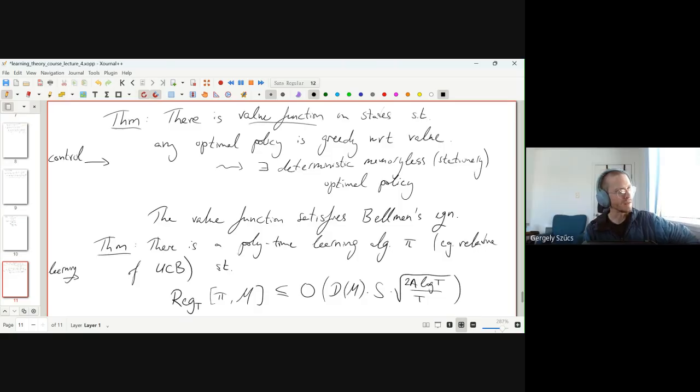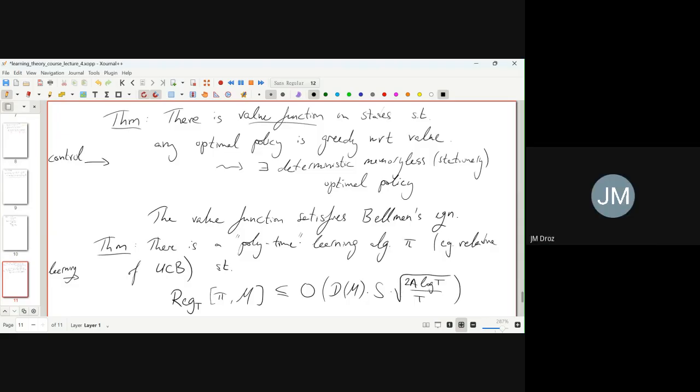Yeah, I guess it depends on how the transitions and rewards are represented, but I guess I would have to be precise about what I mean here. I'll put it in quotes, but it's basically a fairly efficiently computable algorithm given some kind of representation of the MDP, and depending on what the representation looks like, you might have to be more precise.